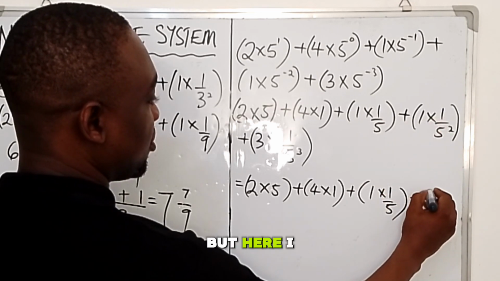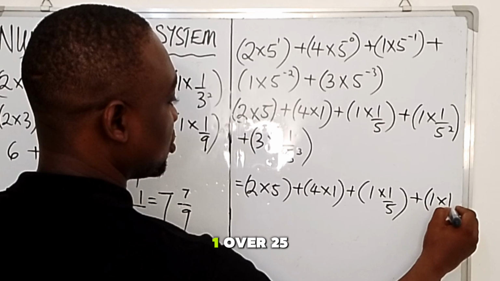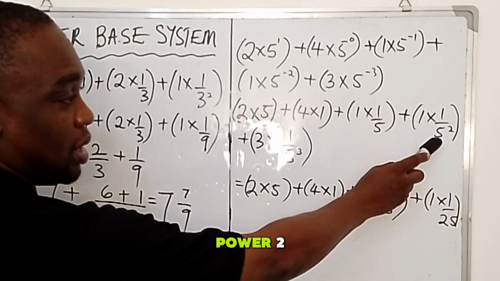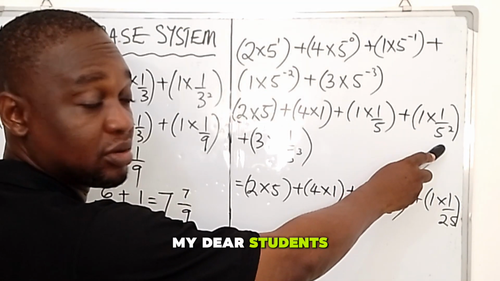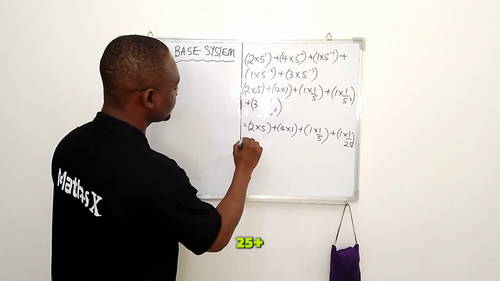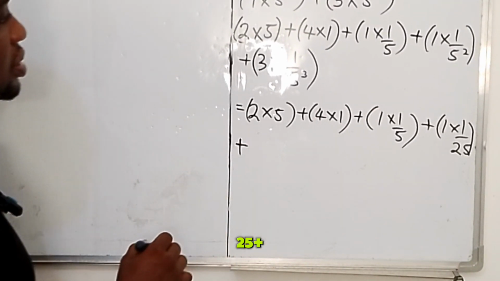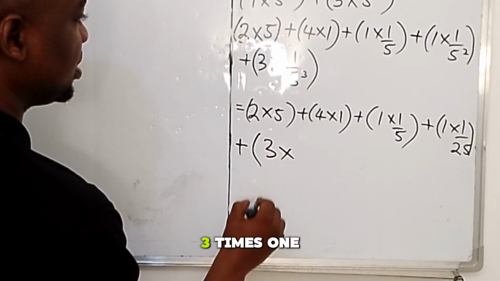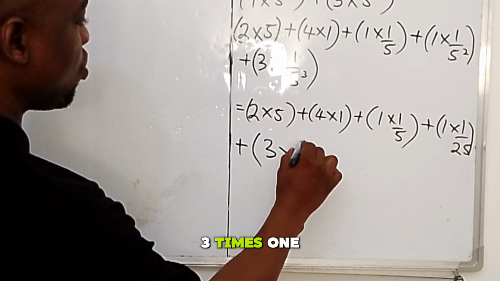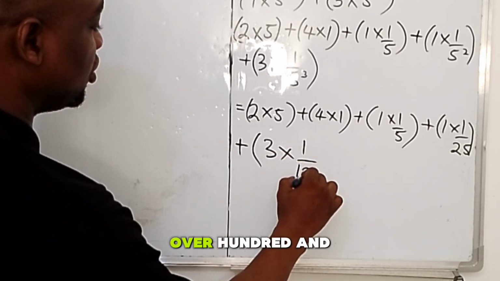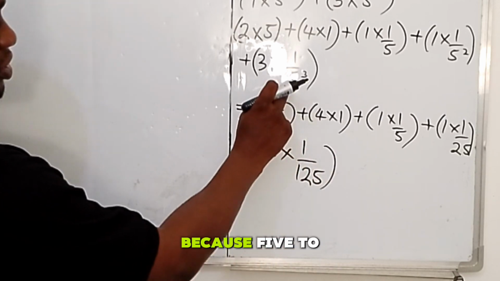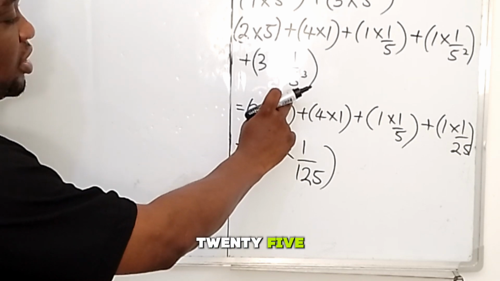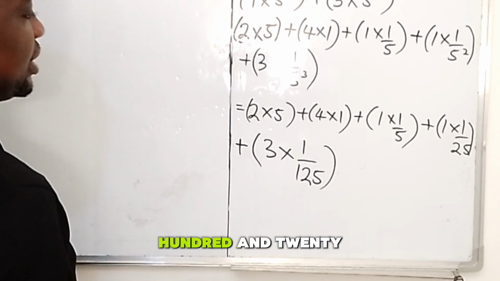But here, I have 1 times 1 over 25, because 5 to power 2, my dear students and viewers, is 25. Plus 3 times 1 over 125, because 5 to power 3 is 125.